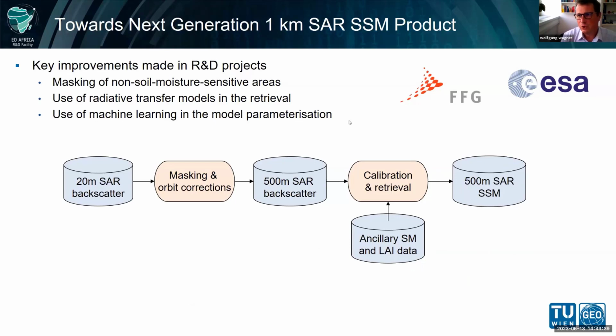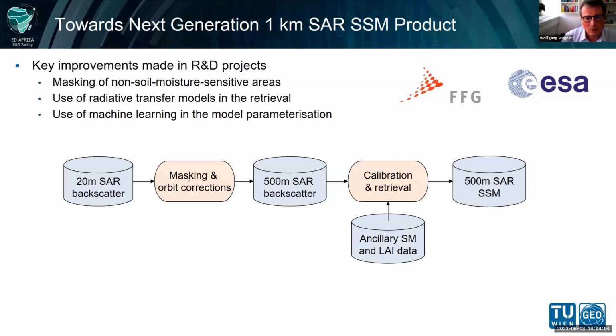So now I've shown you a couple of operational products that are available for Europe. Now I want to show you some improvements that we are working on to make the products better. These improvements will become available in a couple of years, and within research projects, they're also available right now. So we are working on making the pre-processing much better.